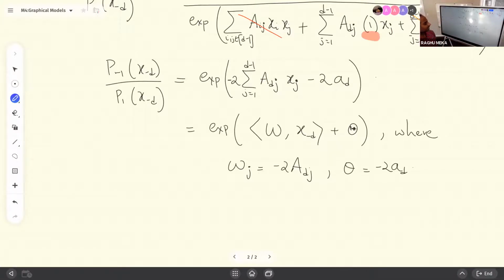It's just saying that the ratio is the exponential of a linear function on this x minus d.